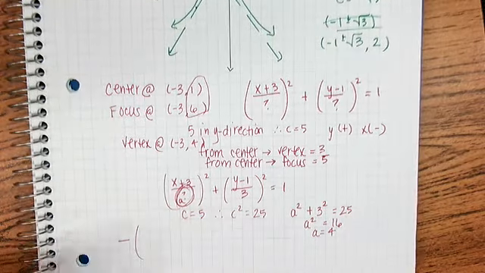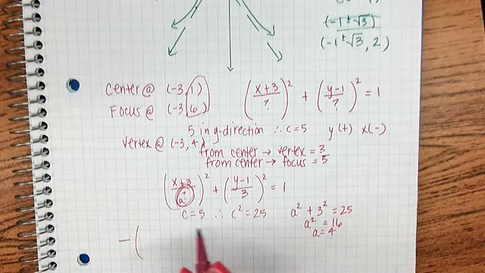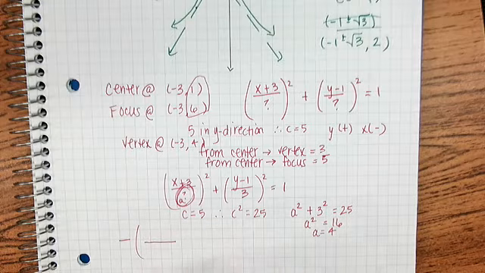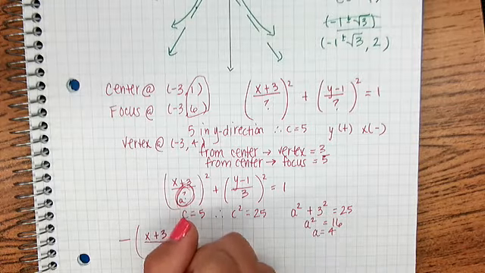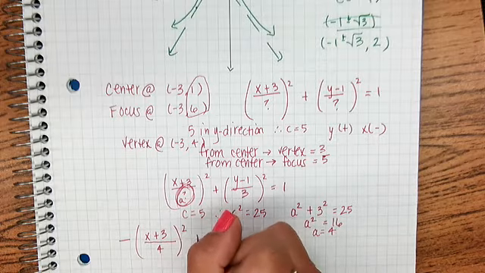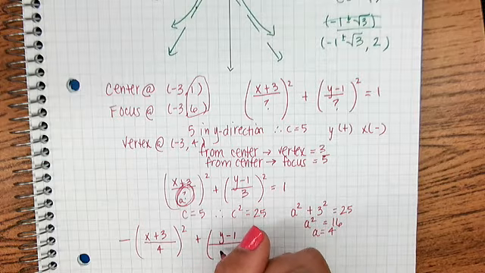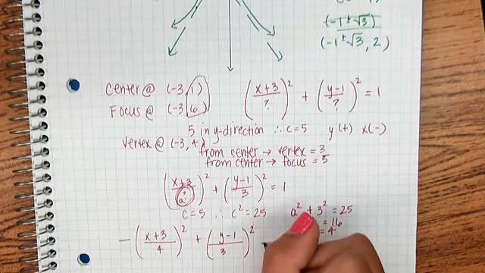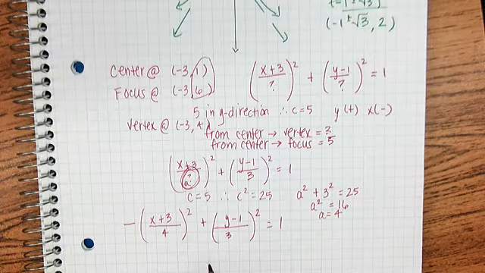Negative, because it opens in the y direction, x has to be negative. Don't you dare distribute. a is 4. Notice that the x denominator is greater than the y denominator, but it doesn't matter. For a hyperbola, it doesn't matter which one's larger.